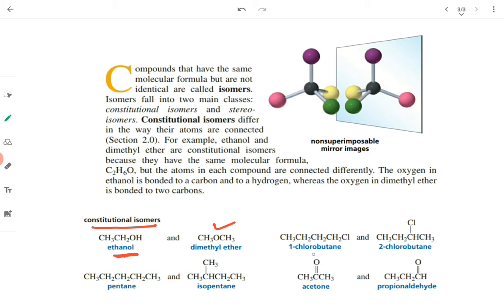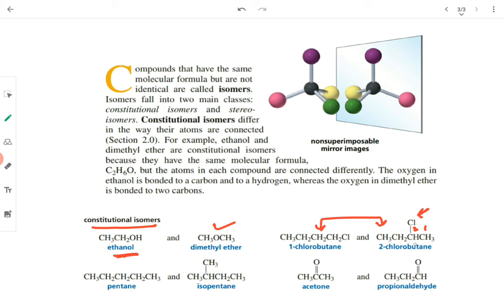Here you can see 1-chlorobutane and 2-chlorobutane. They are also structural isomers. Why? Because their molecular formula is the same, but they have different bonding. Here you can see this chlorine atom is attached to carbon number 2. This is carbon number 1 and this is carbon number 2.